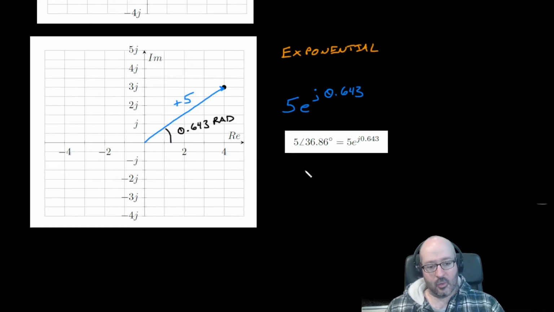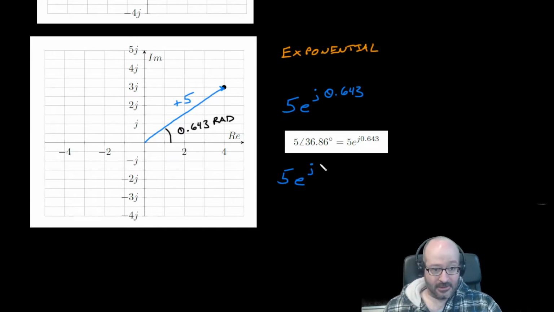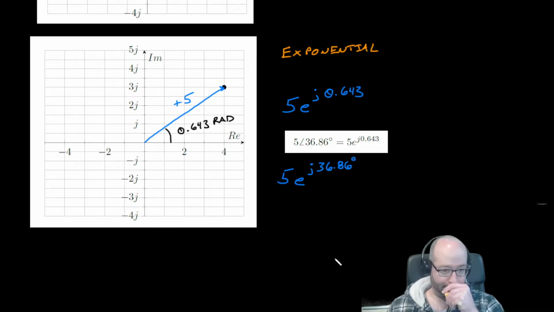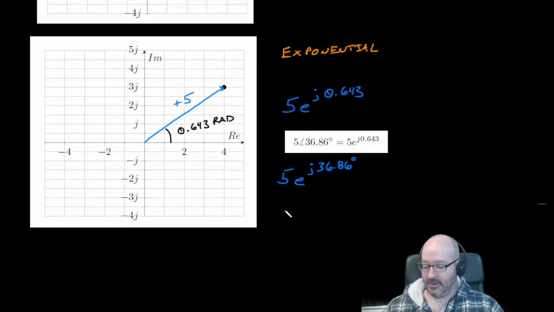Okay? You will run into occasionally this, which is not mathematically rigorous, but gets the job done. Okay, just make sure you have your degrees marked there. Okay. So this is bad math.